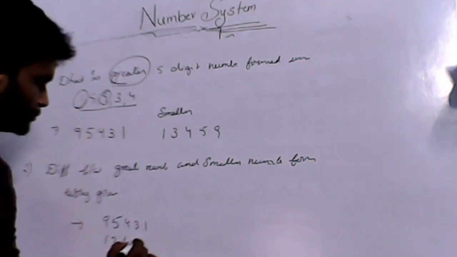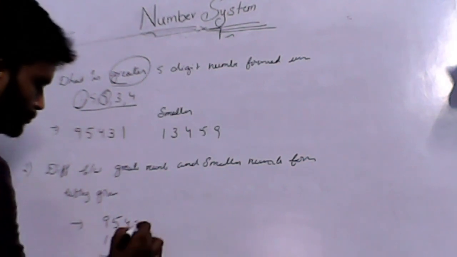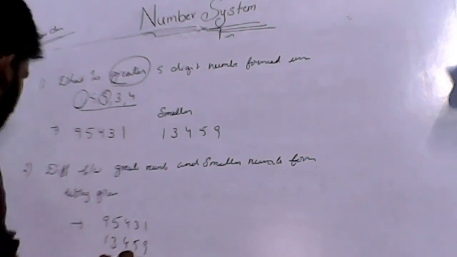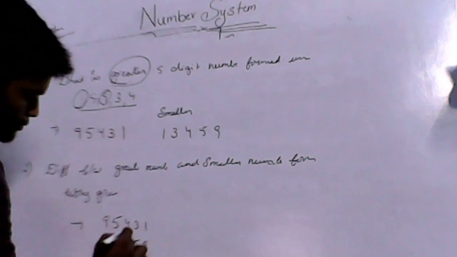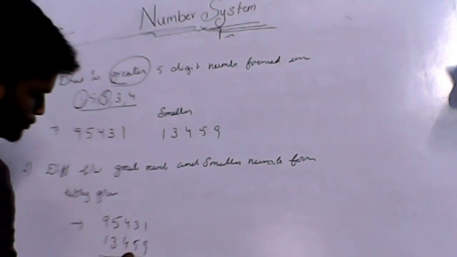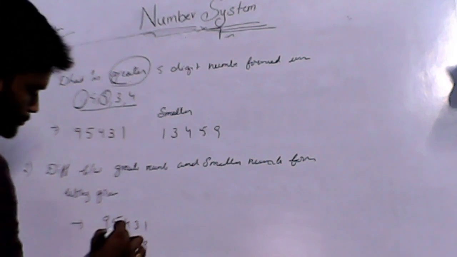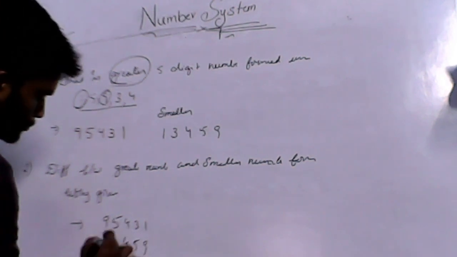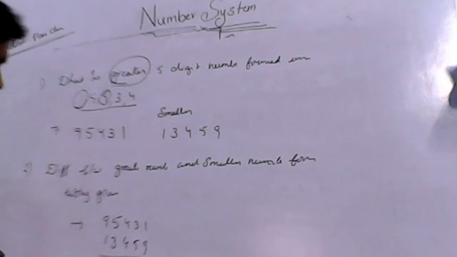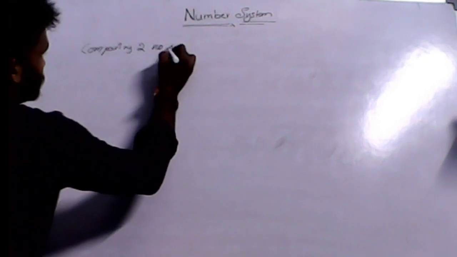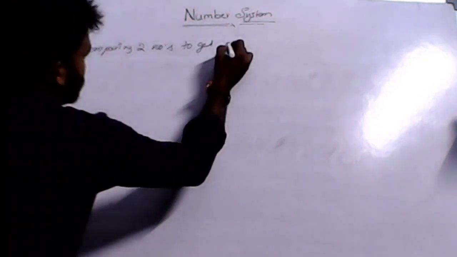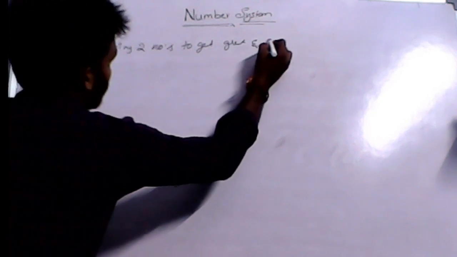So the difference will be like this. So comparing two numbers to get greatest and smallest numbers.